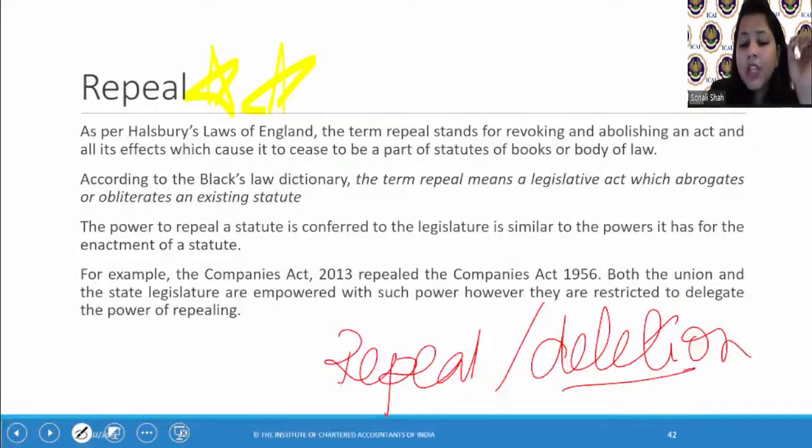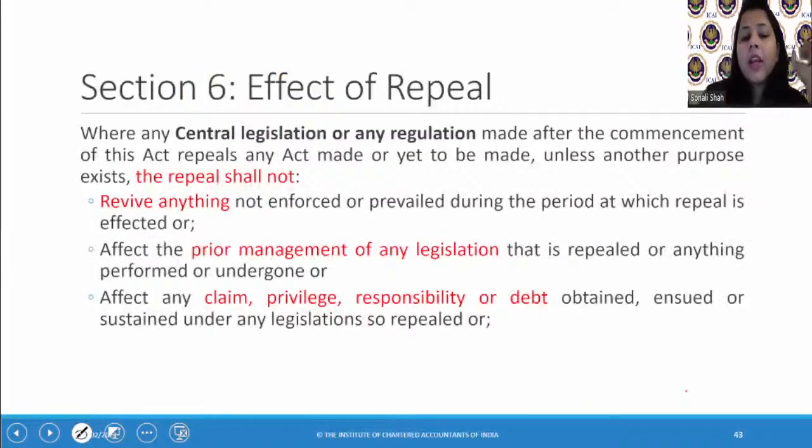So when a provision is deleted, it ceases to have effect from the day it gets deleted. But where a provision is repealed, it is deemed as if it has never existed. Always remember this. Do not get confused between the term repeal and deletion. Okay. Now talking about effect of repeal. What is repeal?